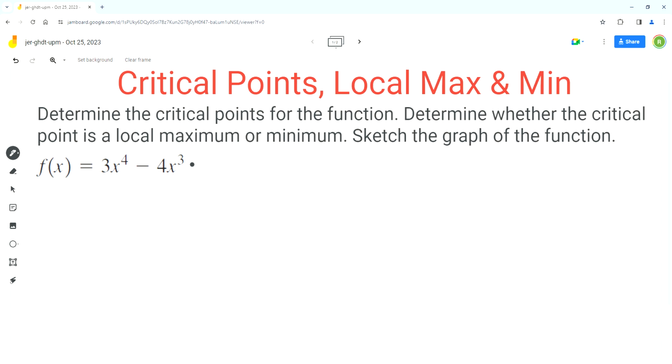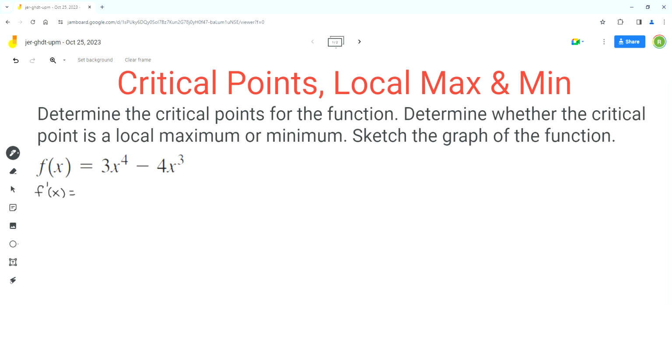Now critical points are points at which the derivative of the function is either equal to 0 or undefined. So the first step here is to find the derivative of this function. f prime of x equals, for the first term, we'll use the power rule.